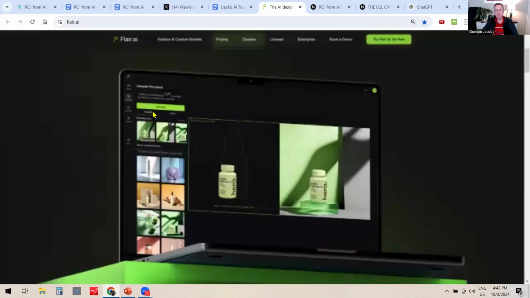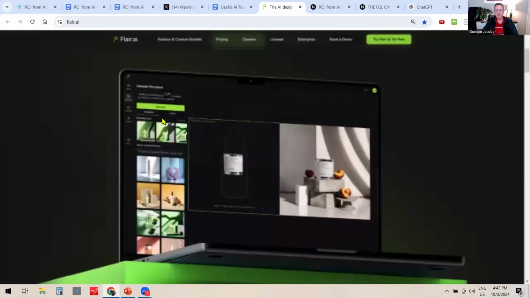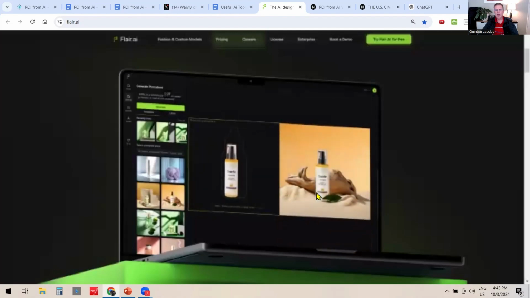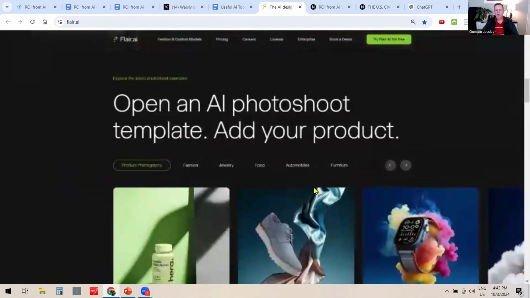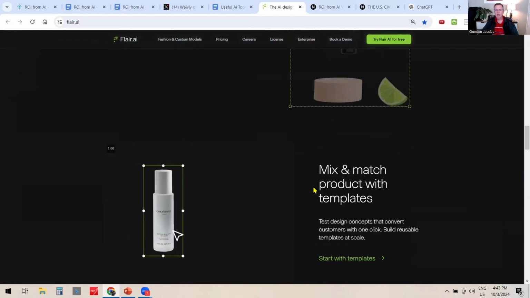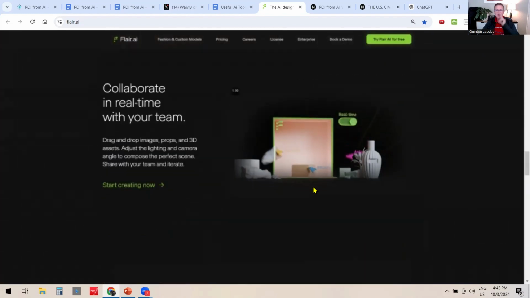Inside the tool, you can type what it is that you want and describe it, and then just hit generate, and it'll create any background of your product that you're thinking of. A fairly simple little tool to use, but I think quite impactful when you're selling stuff online, to come up with better looking backgrounds and things like that.